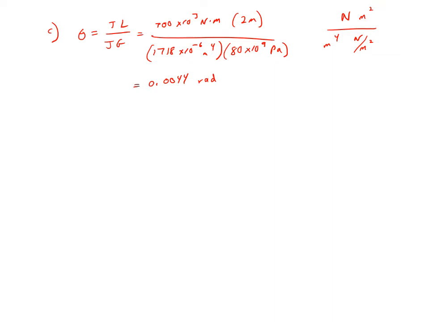And it looks like our newtons cancel out, and the meters as well, and we end up with radians. Remember, radians are basically dimensionless. Okay, so that's our answer then. That's not much deflection, but that's because it's a steel shaft, so it didn't twist very much.